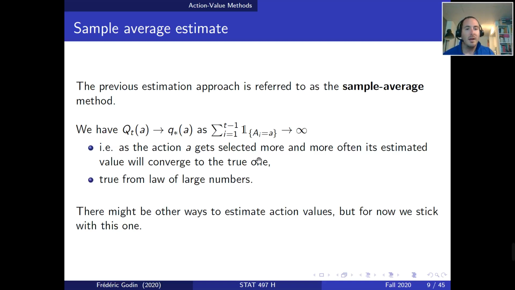Here we propose sample averaging of rewards to estimate the expected value for some lever. There might be other ways to do so, but for now we'll stick with this one. Later on we'll discuss other schemes to estimate the expected value associated with some lever.